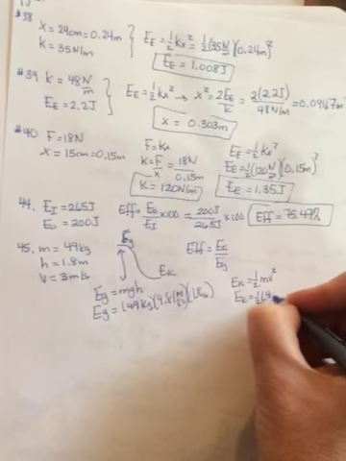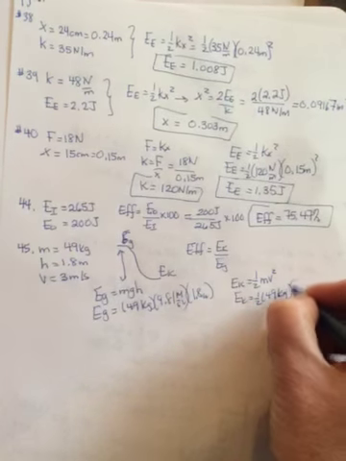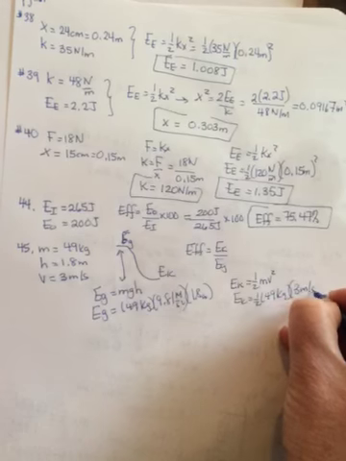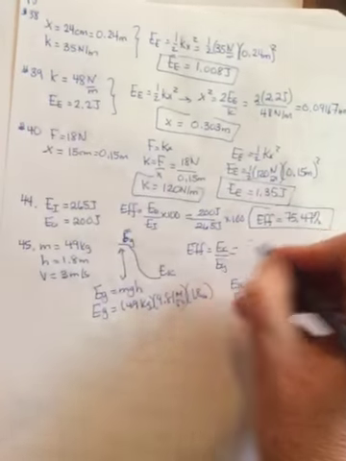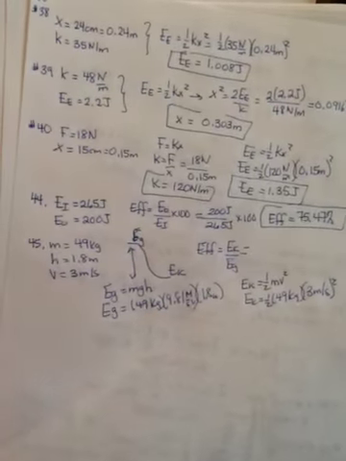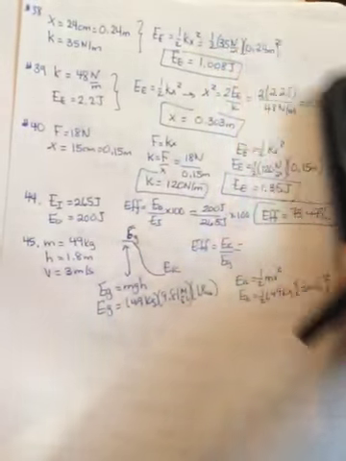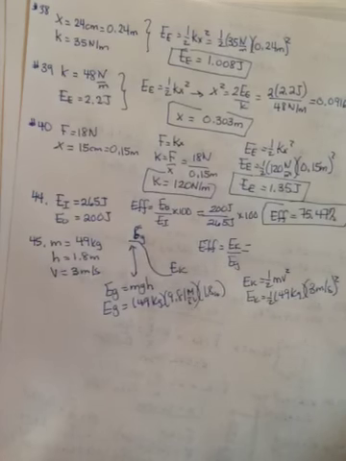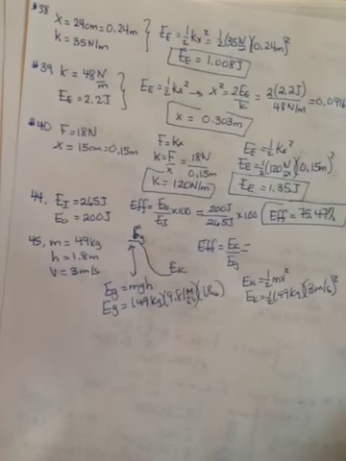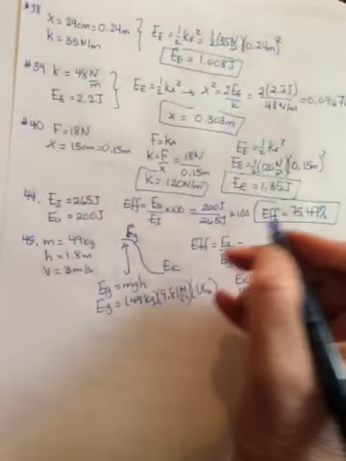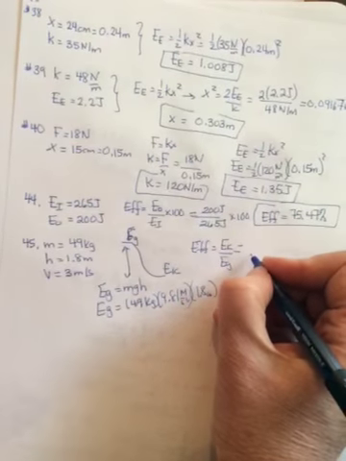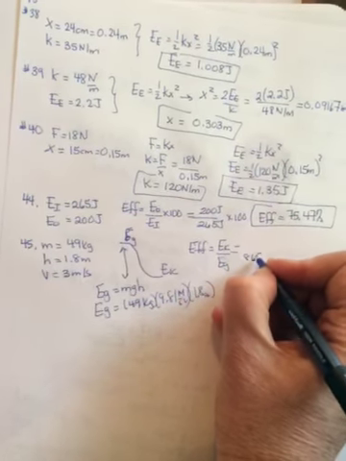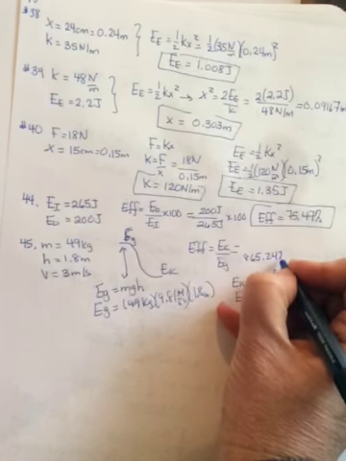So 1/2 times 49 kilograms times 3 meters per second squared. I said let me do it separate, but I didn't, so I now have to punch this in. 49 times 9.81 times 1.8 gives you an energy in of 865.242 joules.